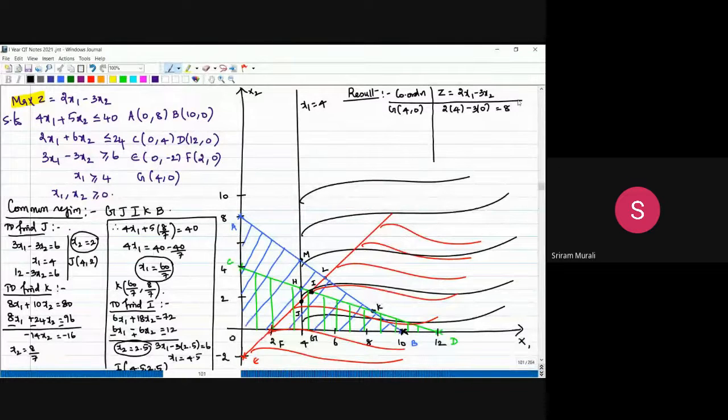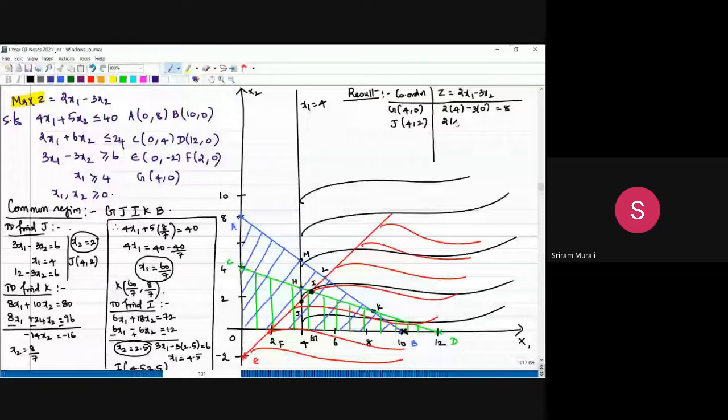The second case is J. Okay, J is found. Now only J is 4 comma 2. It is 2 into 4 minus 3 into 2.